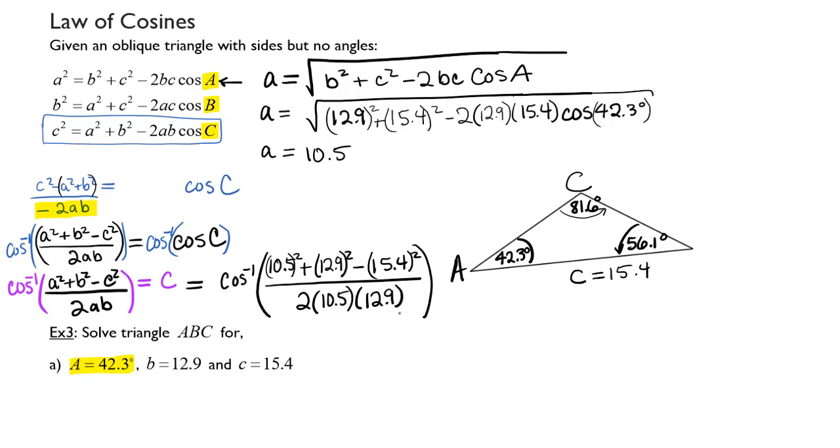Now, at this point, we have all the sides and all the angles, but you may be asking yourself, why is she doing all this stuff? Why doesn't she just use the law of sines? I totally could, but I want you to see how to use the formulas here, and then you can pick and choose when it's better to use law of sines and when it's better to use law of cosines.